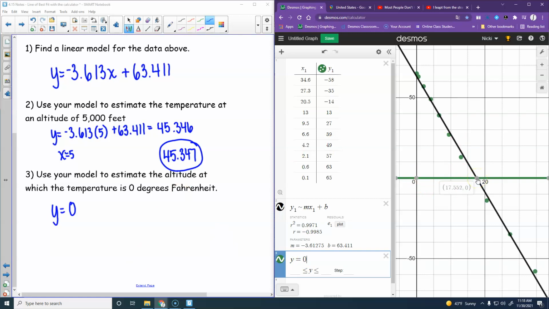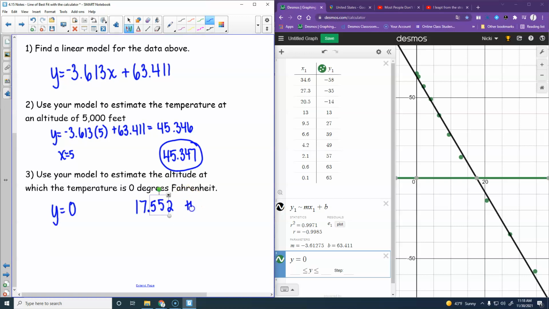you see that gray dot there, I get 17.552. That's an altitude. So what is that? Feet, miles, years, days? Okay, I like what Owen said.